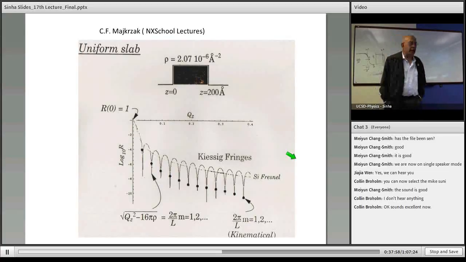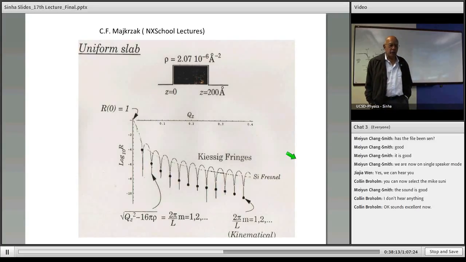Another way of looking at that, which is interesting, is to ask what part of the surface the reflectivity actually samples, and what it measures. Here we come to the question of coherence, which I'll just touch on.